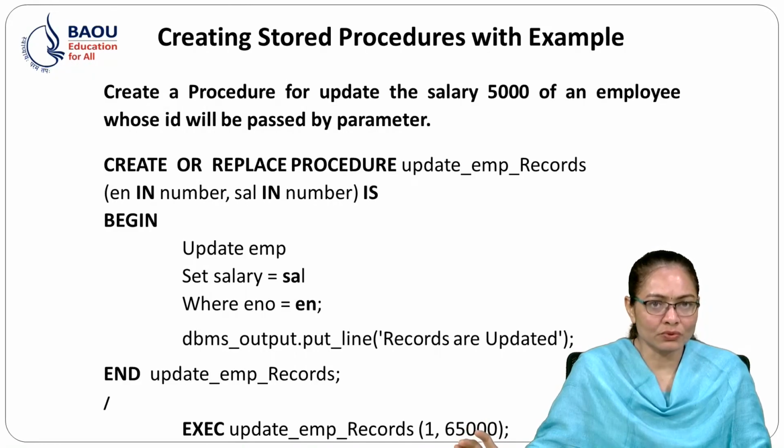The error is viewed using the SHOW ERRORS command. Like SHOW ERRORS, it will show the error with the line number and column also. But if you execute the procedure and it is correct and there is no error, then it will display procedure created. Finally, it is stored in memory after compilation.